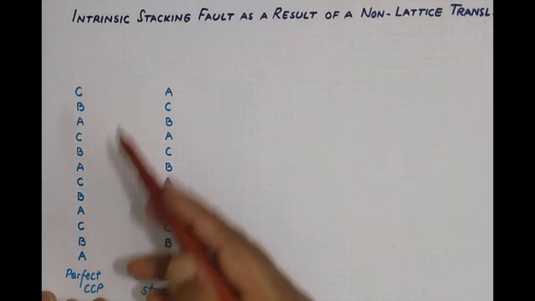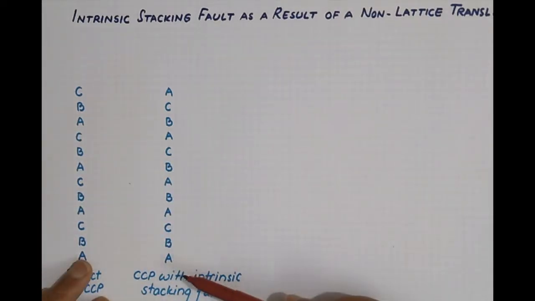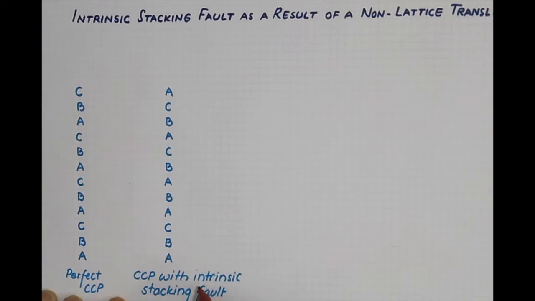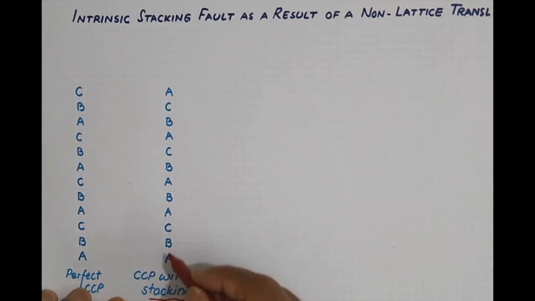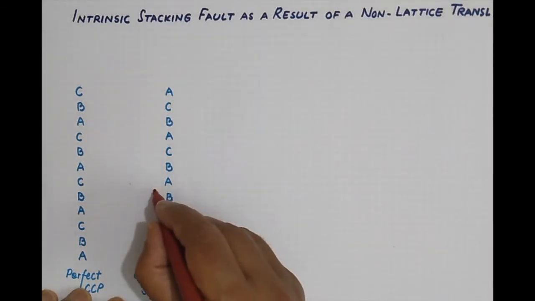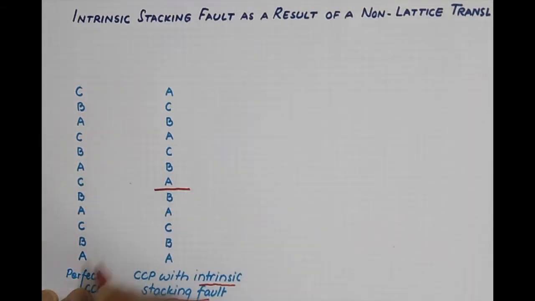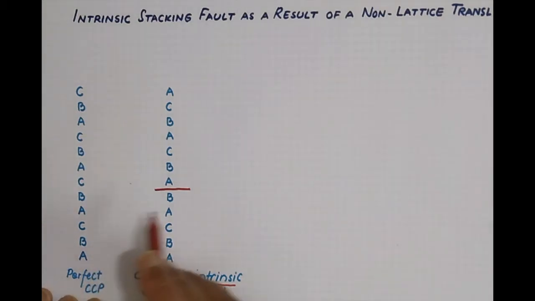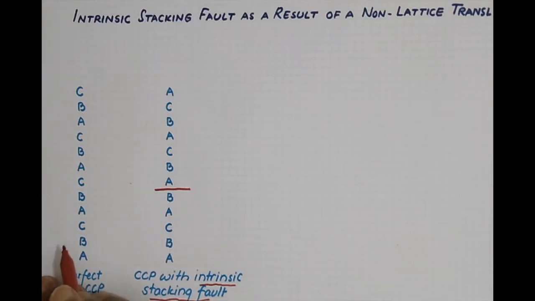So this is a perfect stacking sequence, and in this stacking sequence with an intrinsic stacking fault, the ABC, ABC is missing a plane, so there is this fault plane. The missing C plane is the fault plane. So how to think about this plane in a different way?